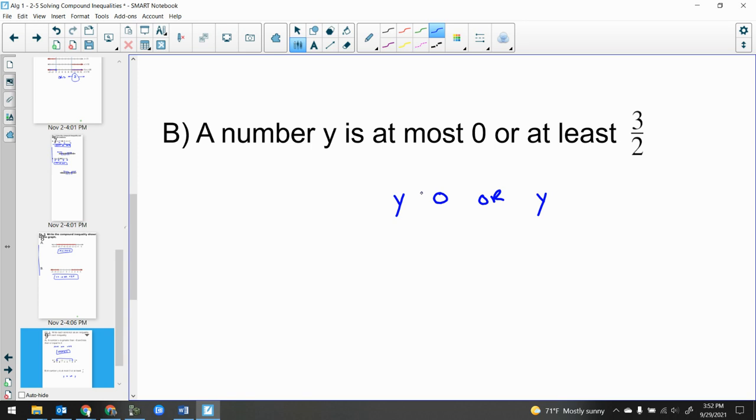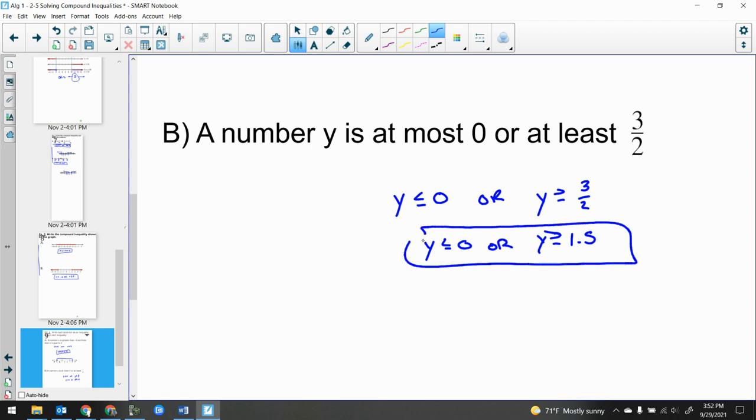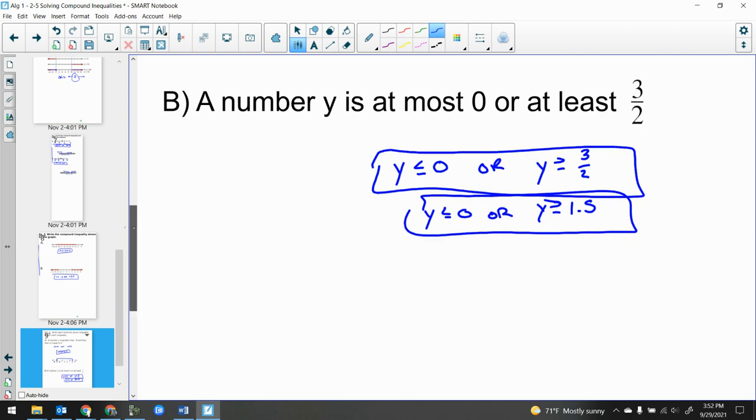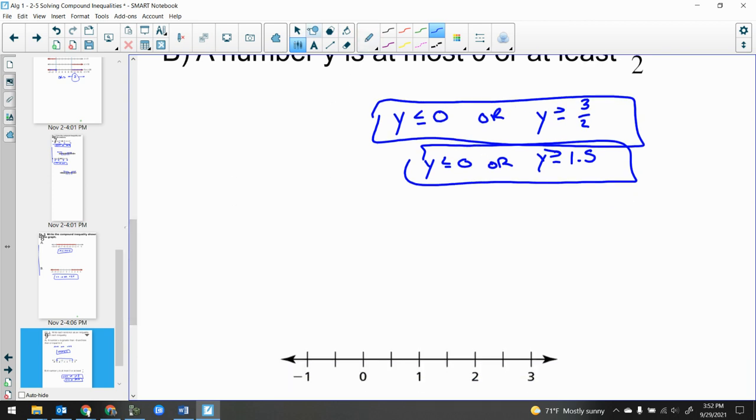A number y is at most 0, so less than or equal to 0, or at least 3/2. Okay, so remember that's just 1.5. Forgot my at most, at least thing. So y is less than or equal to 0, or greater than or equal to 1.5. If you wanted to leave it with the fraction in there, that's totally fine. The reason I'm putting it as a decimal is so we can see where it goes.